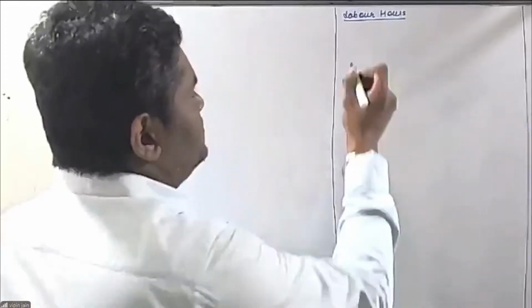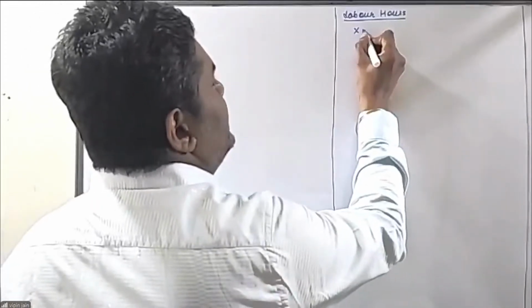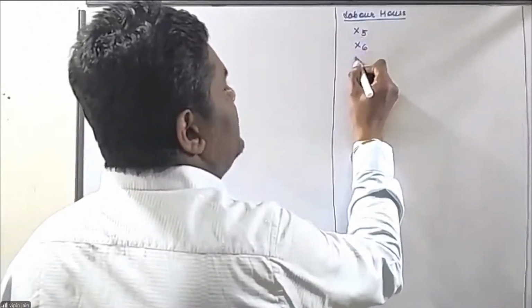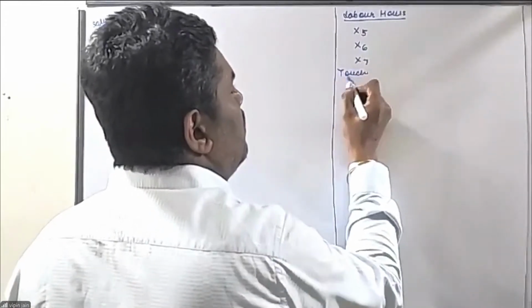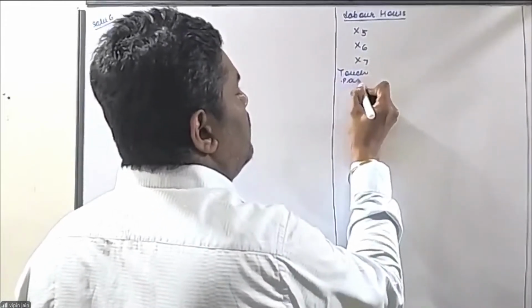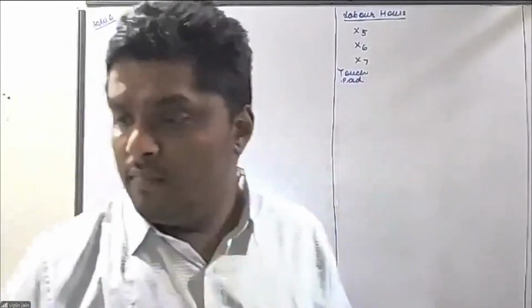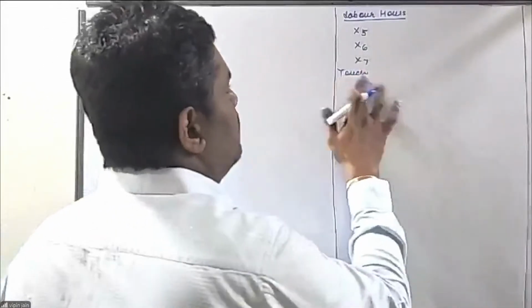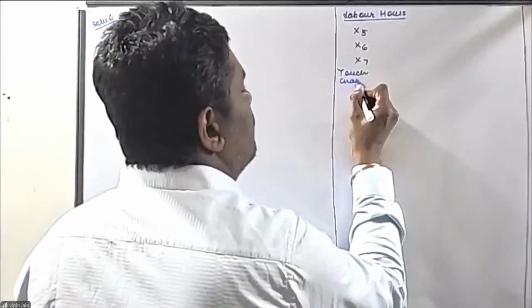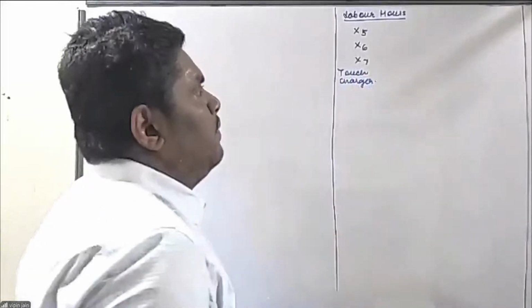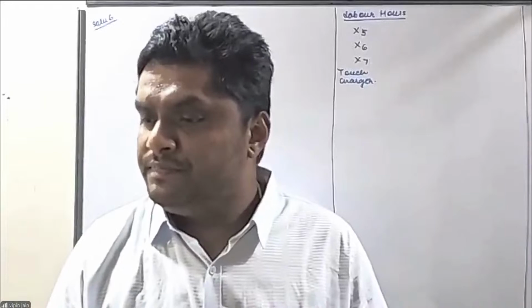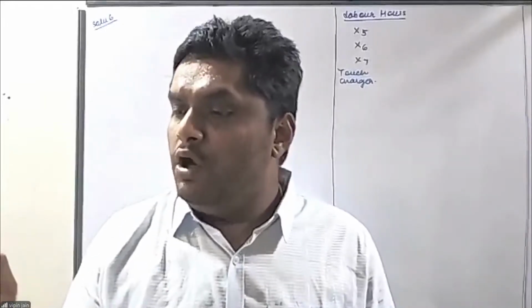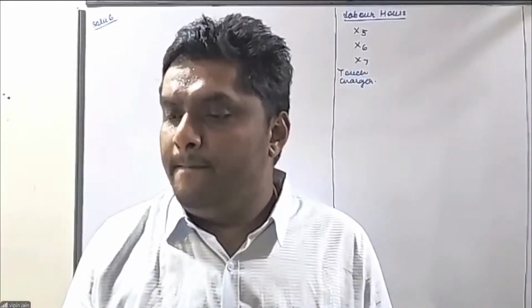So for X5, X6, X7 and touch charger. When talking about the total labor hours, see, the labor cost per unit is 1,000.